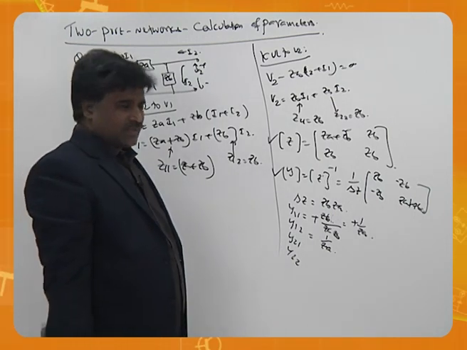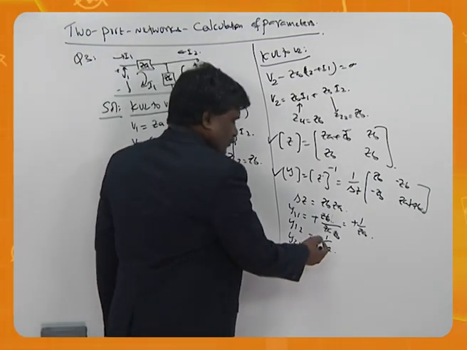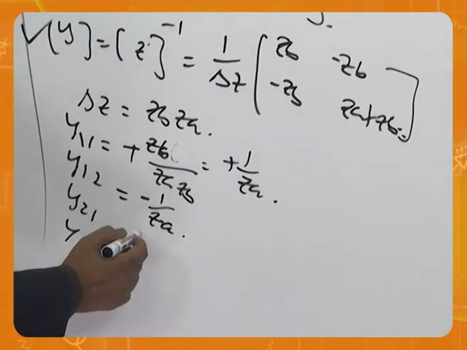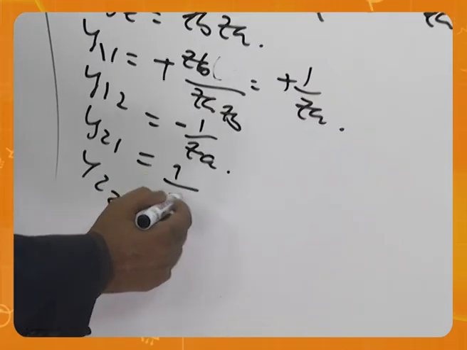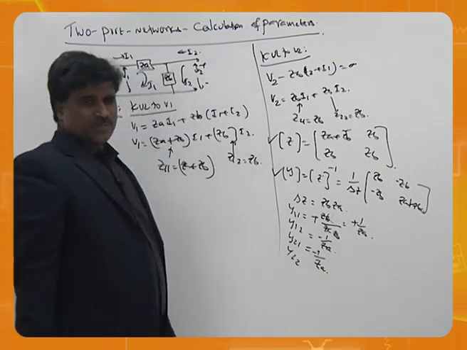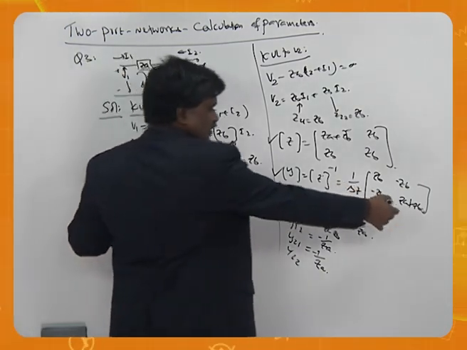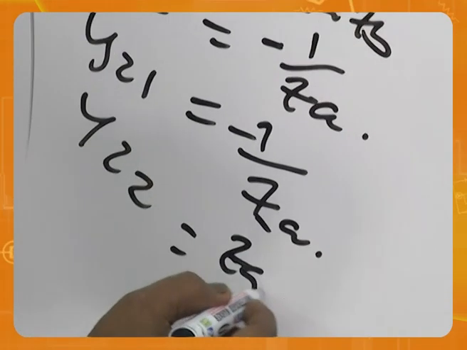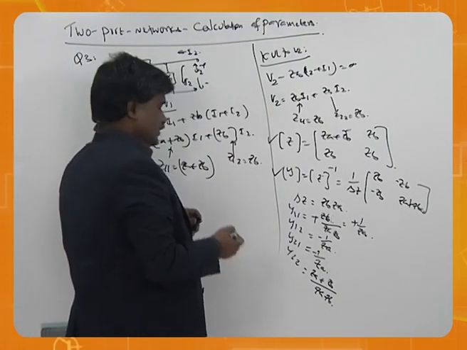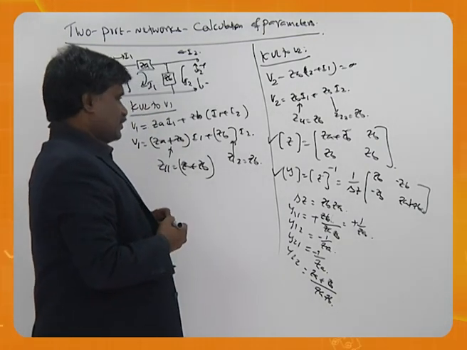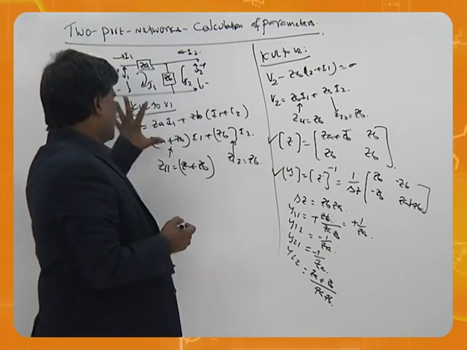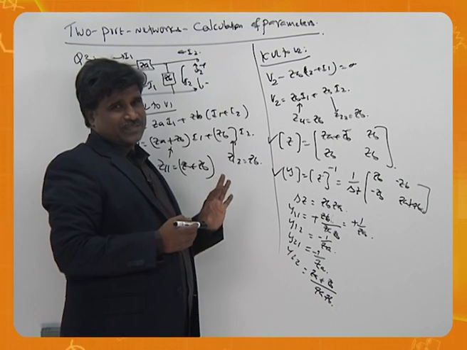So same values there, only difference is with the minus sign. Second one, again ZB cancel, so this is minus 1 by ZA, because both are same. The last one has a bigger expression, ZA plus ZB by ZA ZB. That's going to be your answers. So that's how you can convert the parameters. So calculate the parameters, convert the parameters.